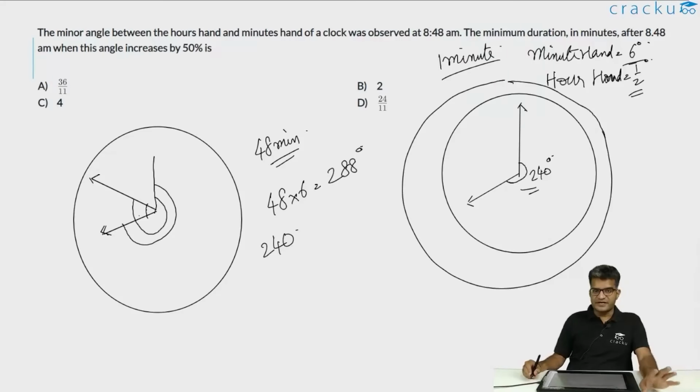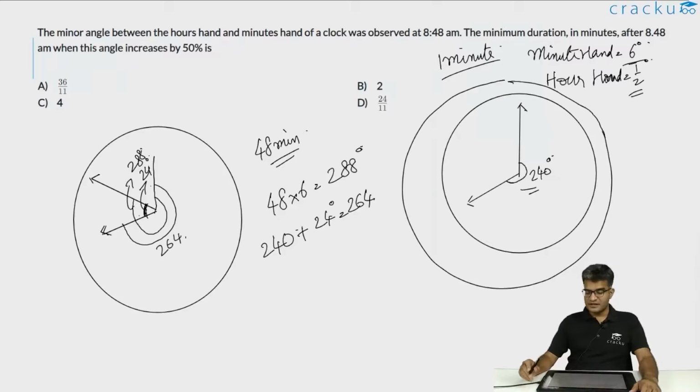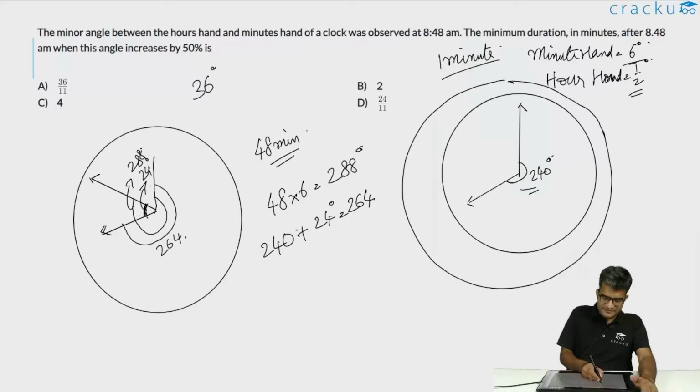And in the 48 minutes, it will traverse another 48 by 2, that is 24 degrees. This is 264. So this angle over here is 288. This angle over here is 264. So the angle between both the hands will be equal to 288 minus 264, which is 24 degrees. If the angle increases by 50%, that angle becomes 36 degrees, which is equal to 1.5 into 24.